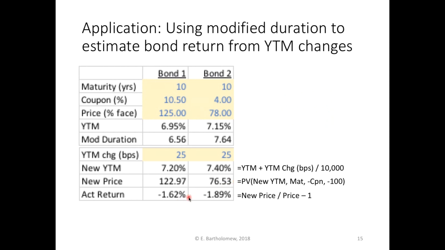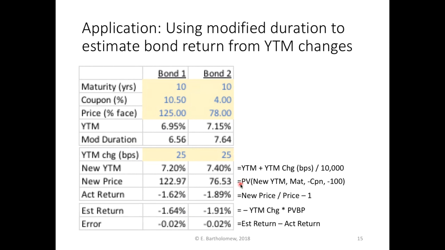And then if we were to look at that in return terms, we say, all right, we lost 1.62% from a 25 basis point increase. It's inverse, or minus 1.892% for the second bond. Alternatively, we could use modified duration to get that estimated return quite quickly.